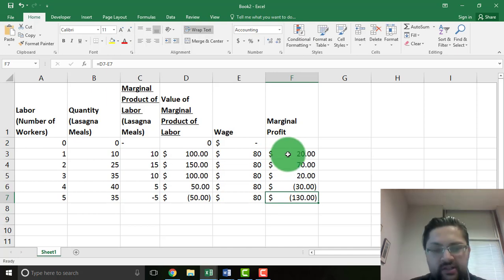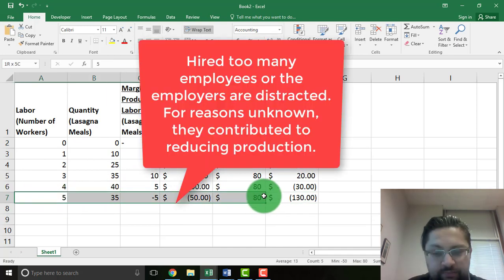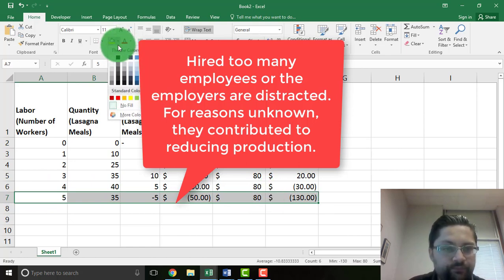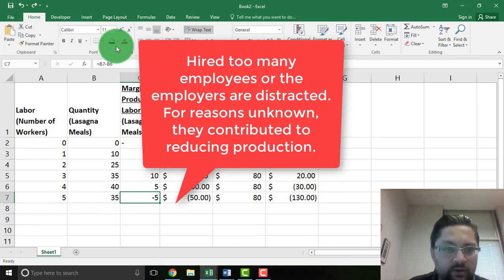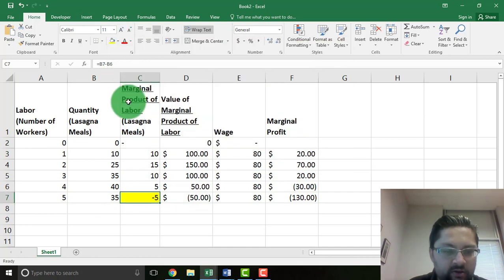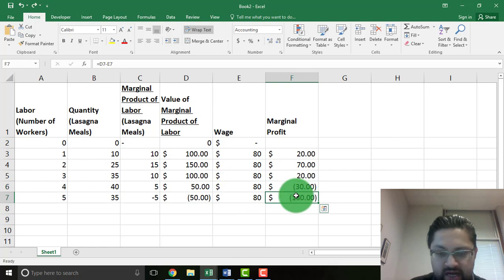Okay, so here's how Chapter 13 differs. In Chapter 13, this employee would not have a job. Okay, they'd be out. Why would they be out? Because this number right here, highlighted in yellow, is a negative number. They'd be out. Now, in Chapter 18, these 2 workers would not have a job.